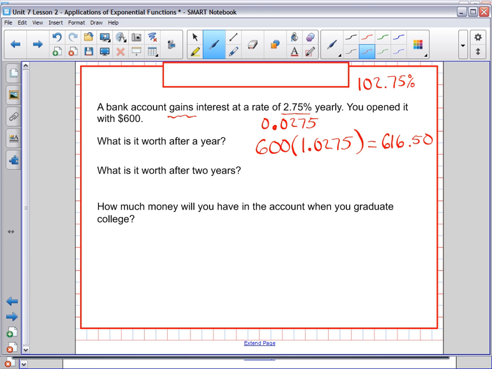After 2 years, we would be multiplying by 1.0275 2 times, or squared, and that would give us $633.45. Now, see if you can figure out how much money you'll have in the account when you graduate college. This is obviously going to be a different number depending on what year you are in school now and how many years you're going to take to graduate college.